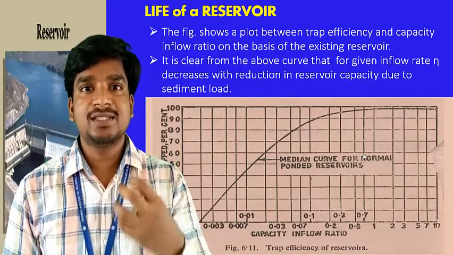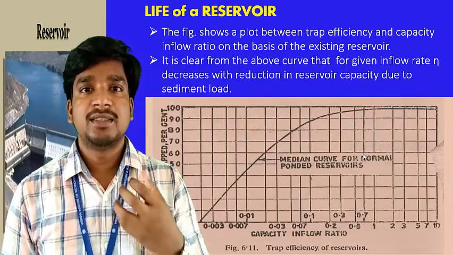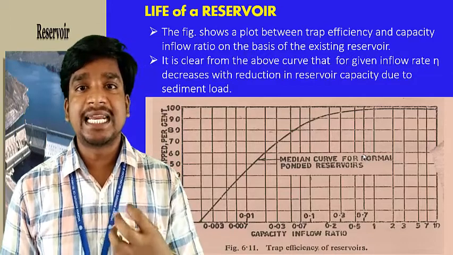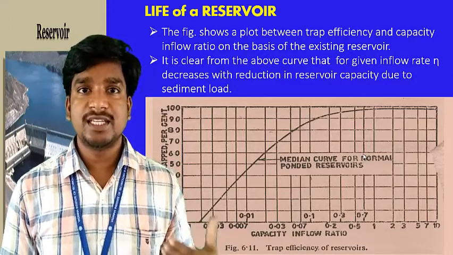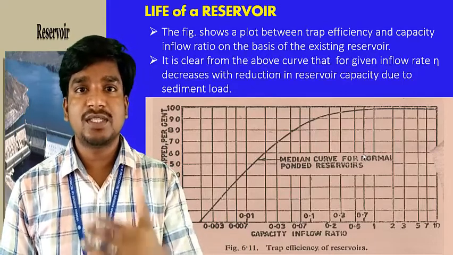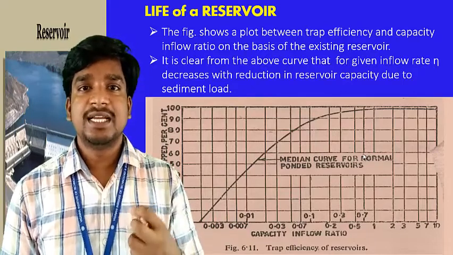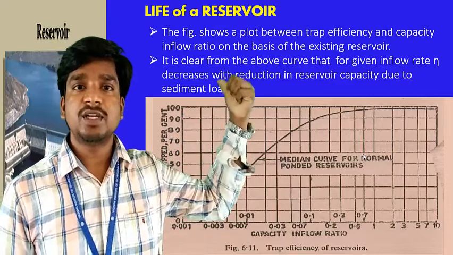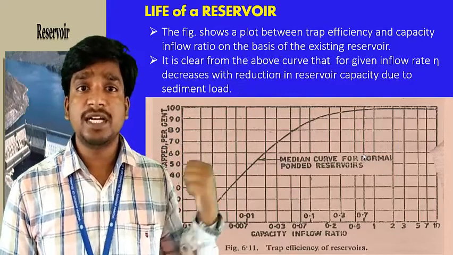So as time passes, the sediment trapped will decrease. In the initial stages it is more, but later on the trap efficiency is decreased. That is how this curve is showing.